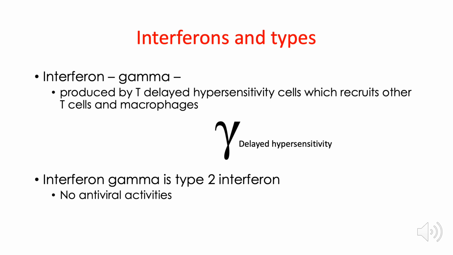Take note, interferon gamma is produced by T-delayed hypersensitivity, and T cells are classified under specific immunity. So of the three interferons, one is classified under specific immunity, while two are classified under innate immunity. And the interferon that falls under specific immunity because it is produced by a T cell is the interferon gamma.